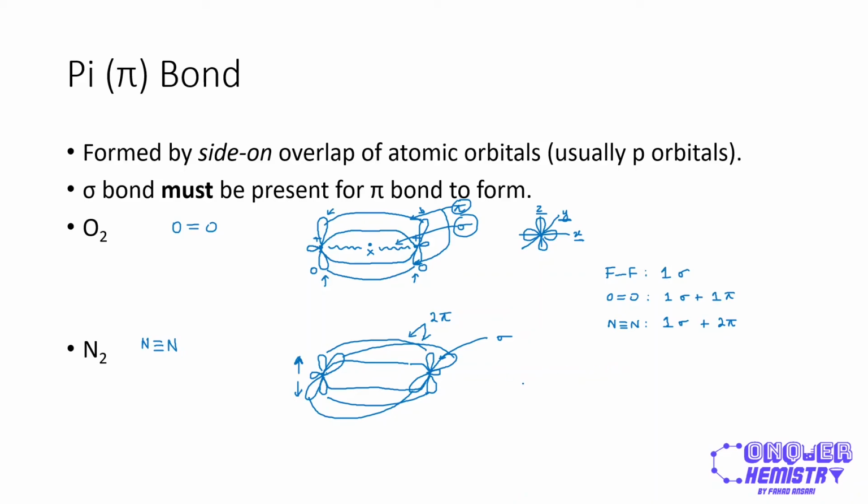So remember that because there are three p orbitals, one of them will form a sigma bond, and the remaining two can form up to two pi bonds depending on how many of them are incompletely filled. All right? And so it's because of this one sigma and two pi bonds in nitrogen that nitrogen has such a strong triple bond, and so it is unreactive because of the strong triple bond, and that is why you see so much of it packed into a bag of chips.